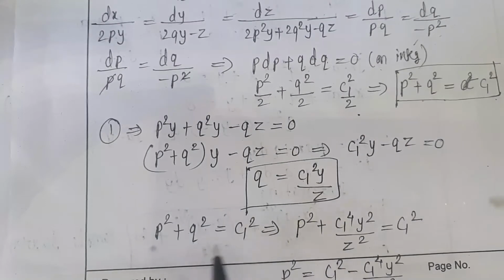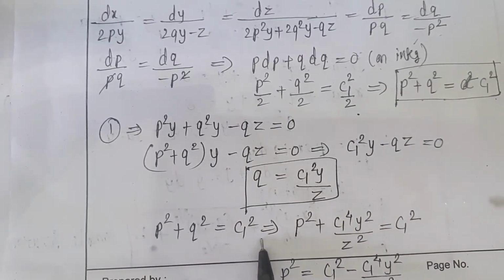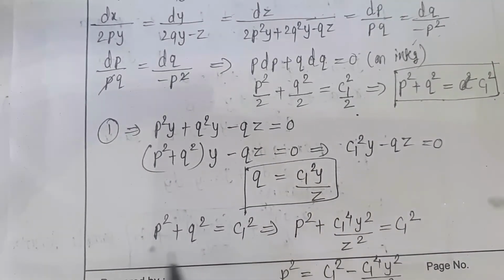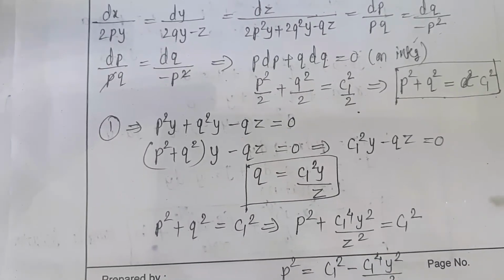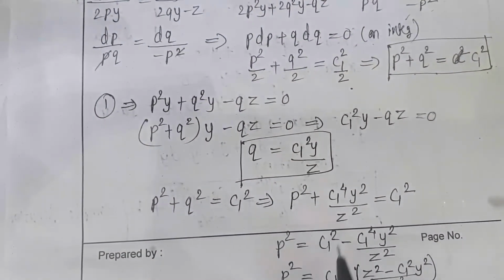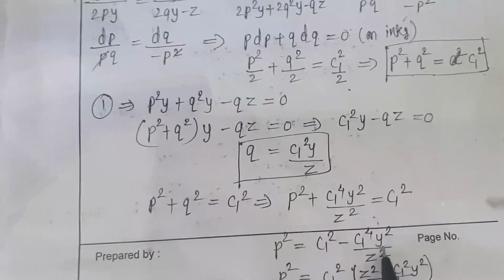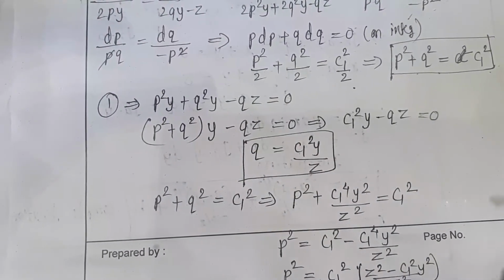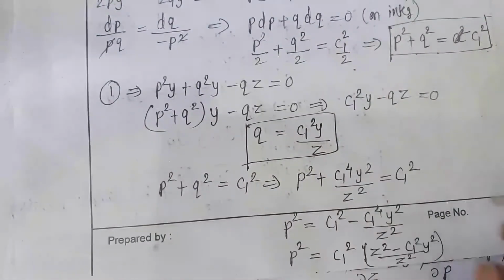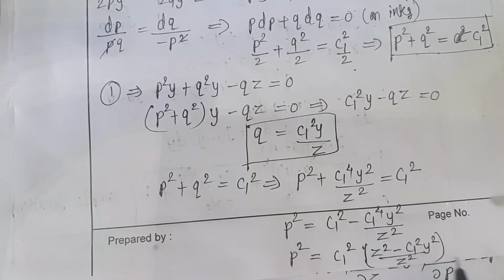So q becomes c1² y divided by z. Since p² + q² = c1², substitute this q value here to get the value of p. So we obtain p² = c1² − c1⁴y²/z², so p² = (c1²z² − c1⁴y²)/z².